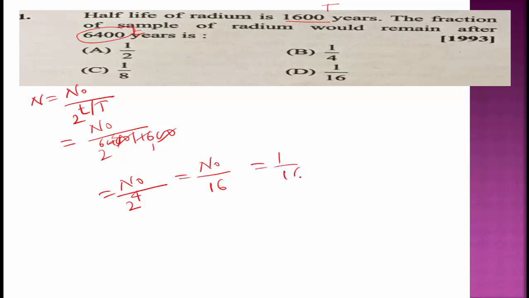So N is N naught divided by 16. The fraction of the sample of radium that would remain after 6400 years is 1 by 16 times. Option D is the right answer.